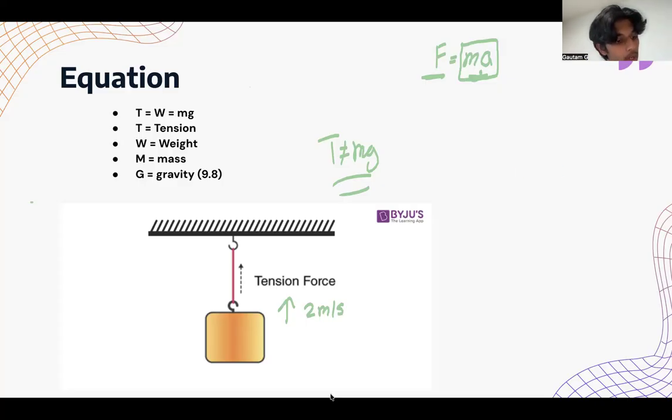If you go to the moon, your weight is going to be much less, because the gravitational acceleration on Earth's moon is around 1.67 meters per second squared pulling down, which makes the weight of someone on the moon much lighter than someone on Earth.